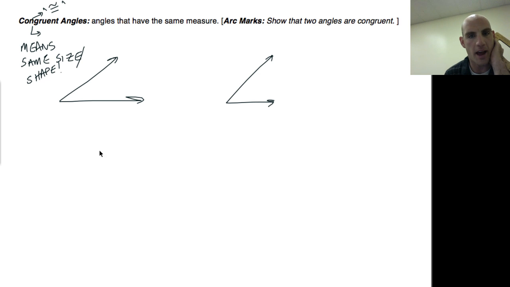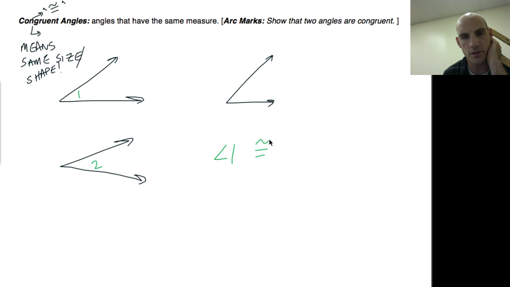And so if I draw 2 angles here, let me try to get them a little bit closer just for your viewing ease. Okay, so let's look at this. What if I labeled this angle 1 and angle 2? And I said angle 1 is congruent to angle 2. Okay? So I could say that, and I'm going to say that these are same size. And what that means is the measure of angle 1 is equal to the measure of angle 2.